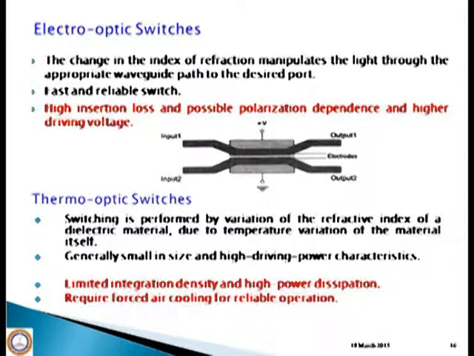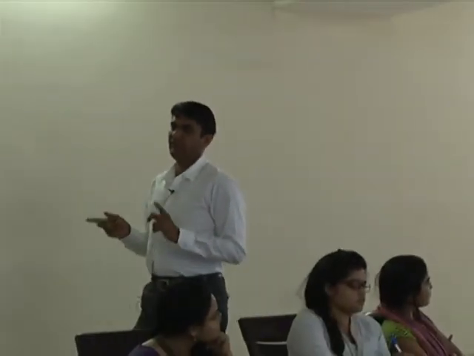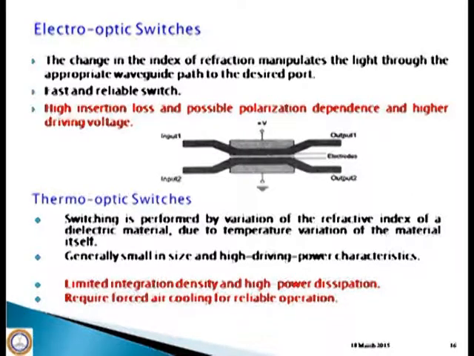That means the switch will work in cross state. Earlier it was working in bar state. So this is how we get switching in electro-optic switches, just by playing with the refractive index properties of the material. And how are we changing the refractive index? By changing the polarity across these 2 closer waveguides. This is how electro-optic switches work.